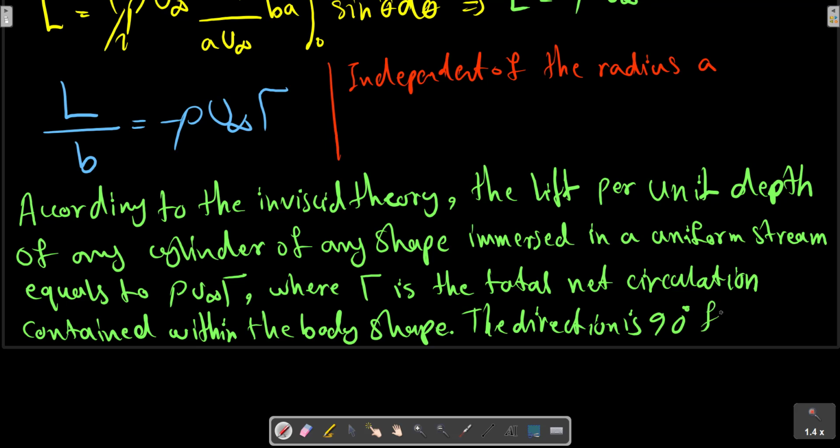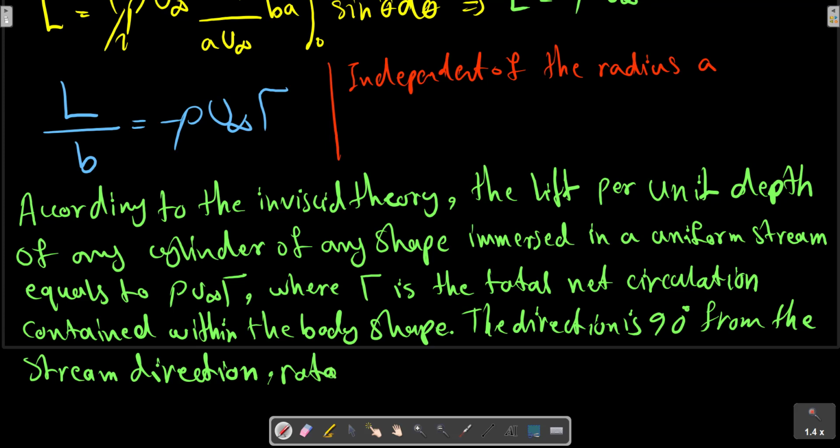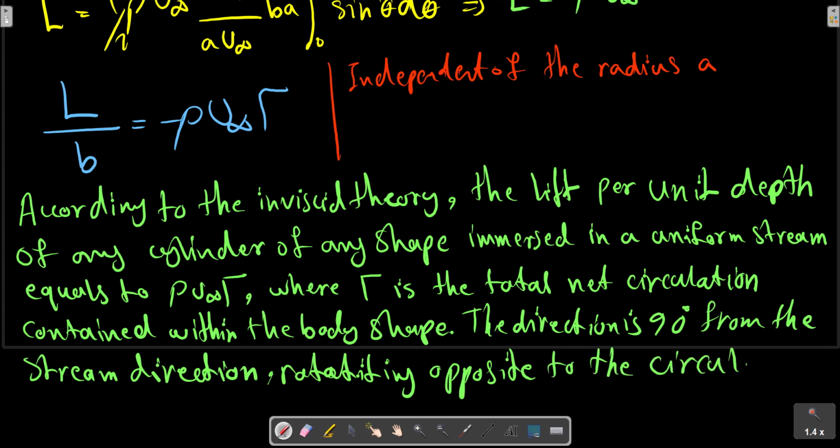Rotate the stream direction 90 degrees opposite to the circulation.